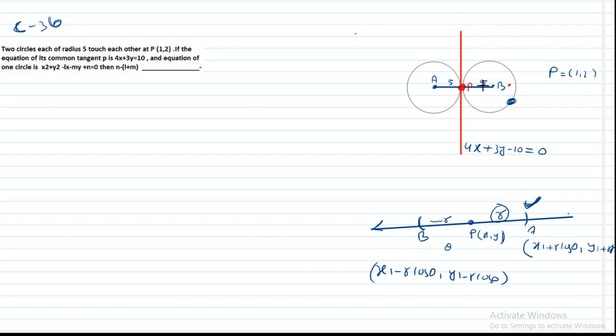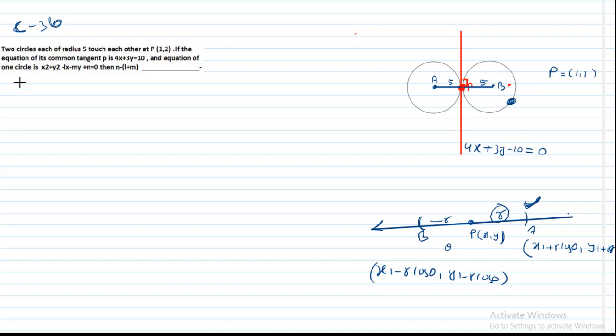If you know the inclination of PB or the inclination of AB, then you can find the coordinates of B by using the symmetric form. So my intention is I want to find the inclination of AB. So how to find the inclination of AB? AB and the tangent are perpendicular, no? If you know the inclination of the tangent, automatically you can find the inclination of AB. That is not a big problem.